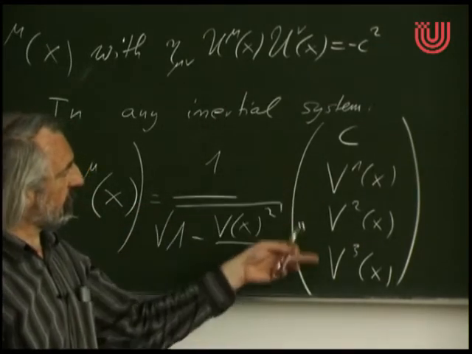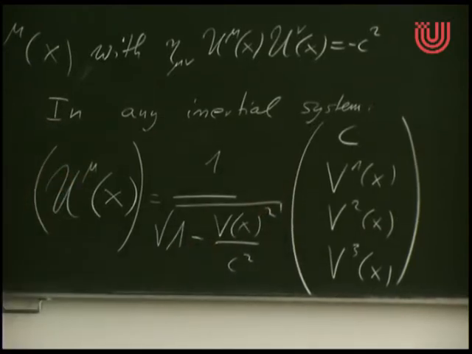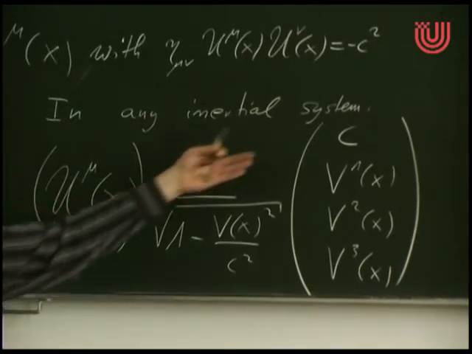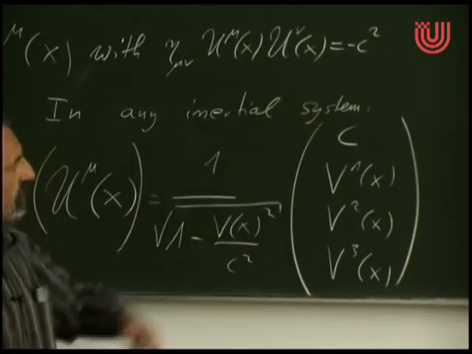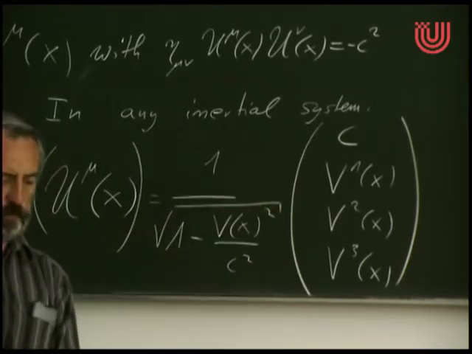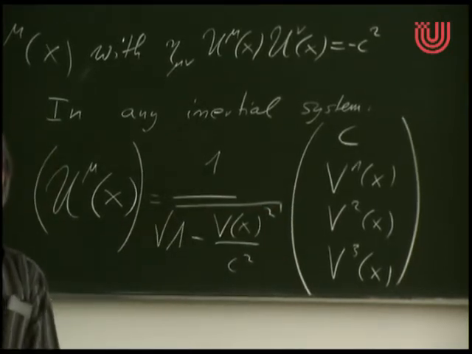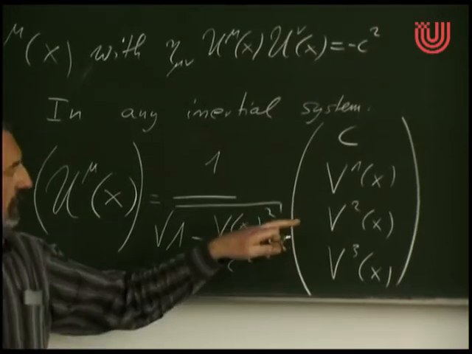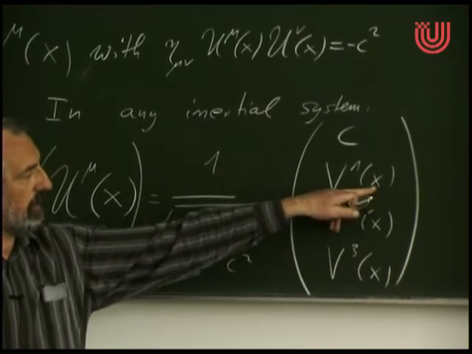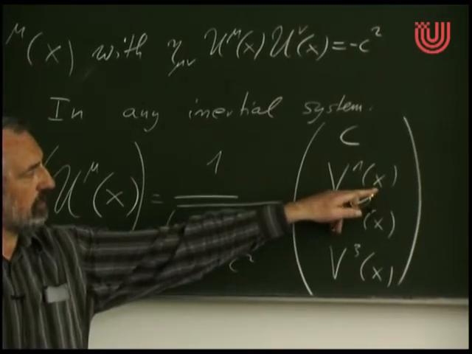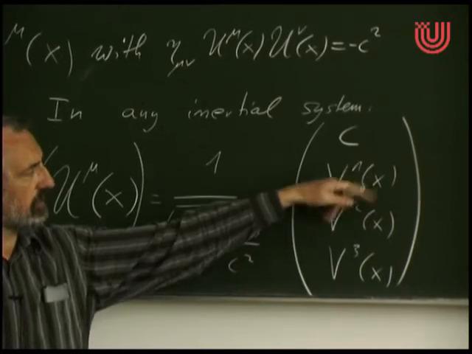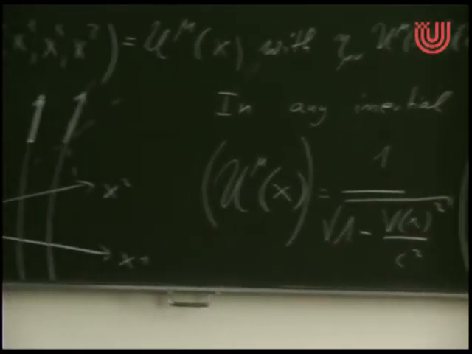This 3 velocity gives me really the motion in the inertial system. If I'm sitting in this inertial system where my u mu takes this form, then this tells me the traditional 3 velocity of the fluid at any point at any time. Time and all 3 spatial coordinates are combined into this x here.